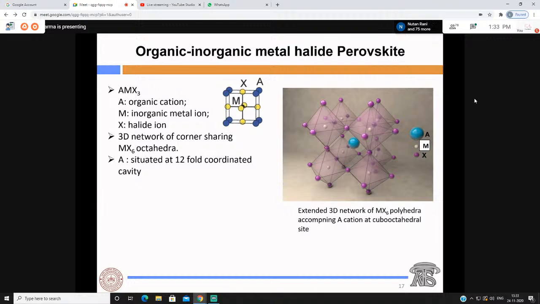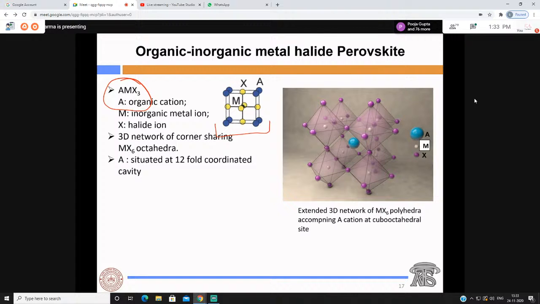I'll just give a small claim that perovskites are a kind of material which take a structure in a certain fashion. The atoms are arranged and they have the empirical formula of AMX3, where A is an organic cation, M is an inorganic metal cation, and X is a halide ion.